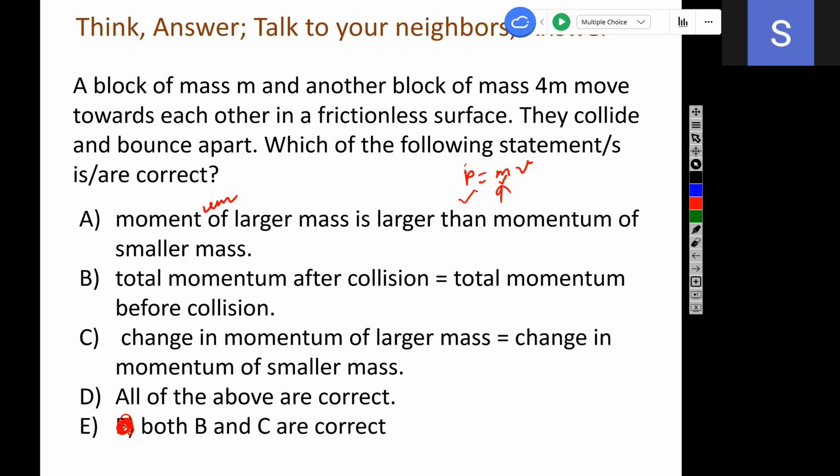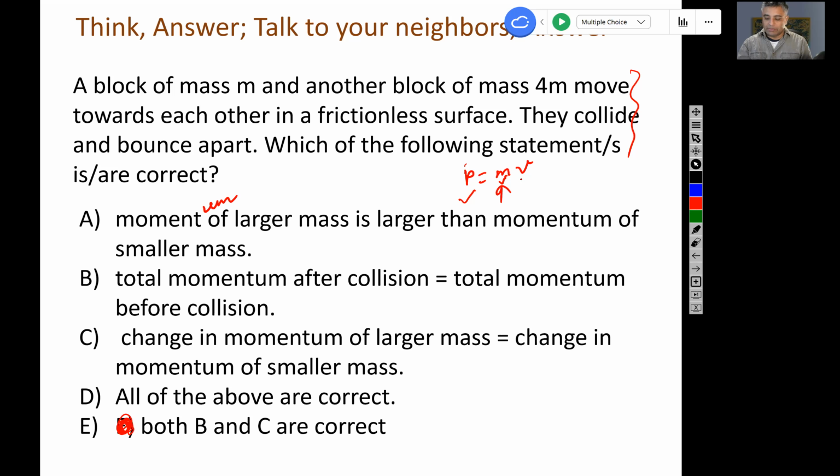The speed of the object. I'm not taking account of the speed of the object, and it doesn't say anything about the speed. So momentum does not come from just mass or velocity. It comes from both of them. You cannot decide based on just one factor.